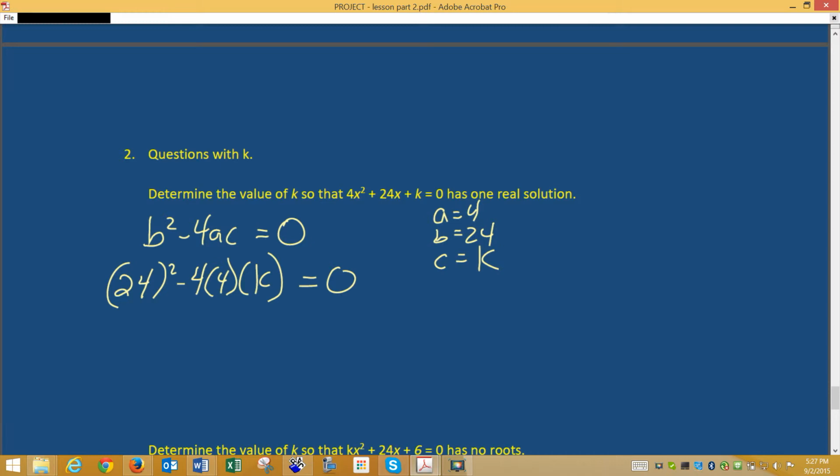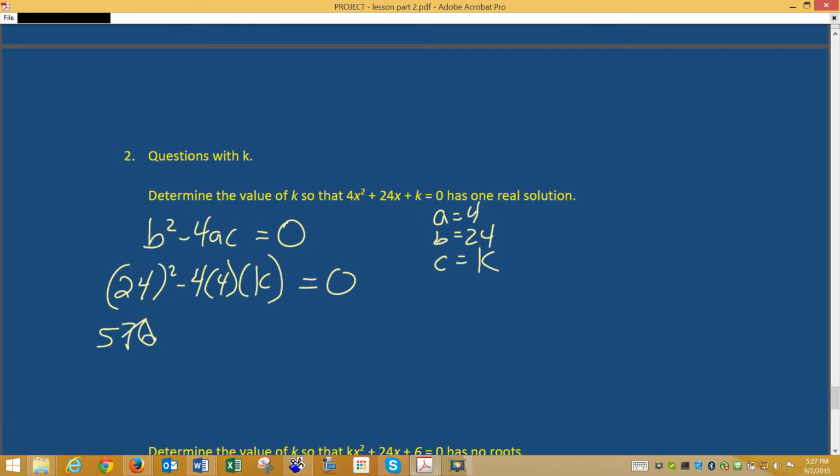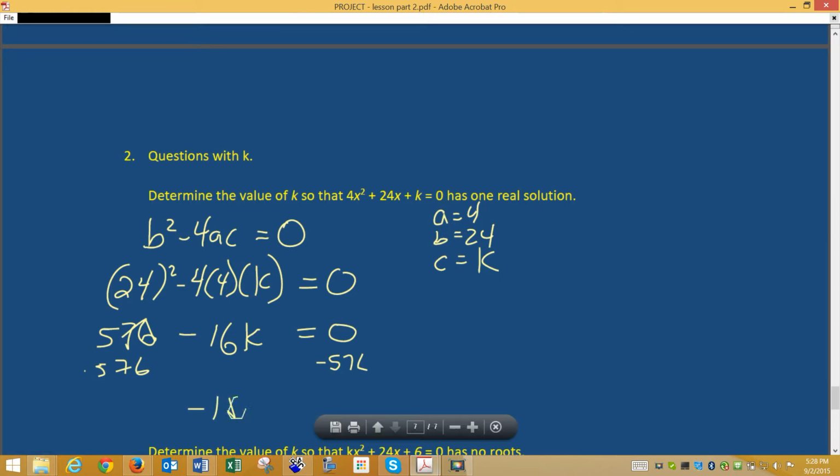24 times 24 is 576, minus 4 times 4 is 16k equals 0. And I'm just going to use algebra, so I'm going to subtract 576 from each side. And I'm going to get negative 16k equals negative 576.